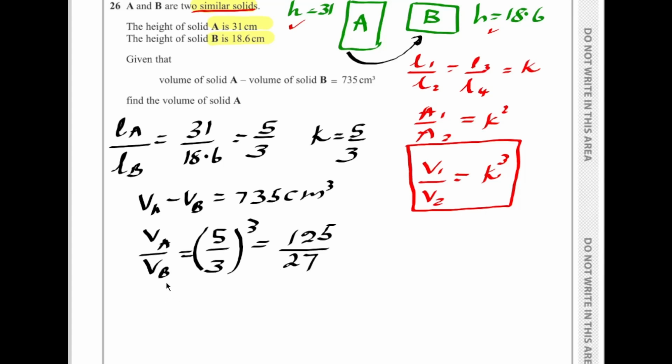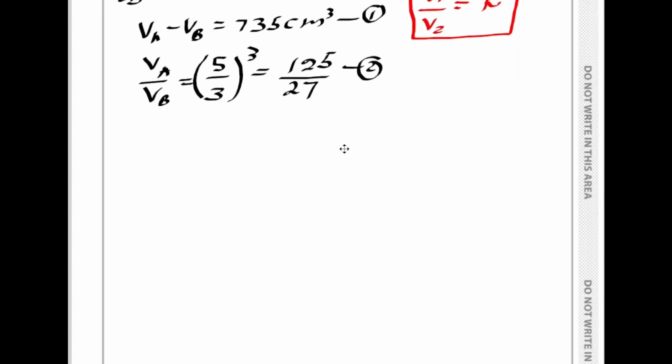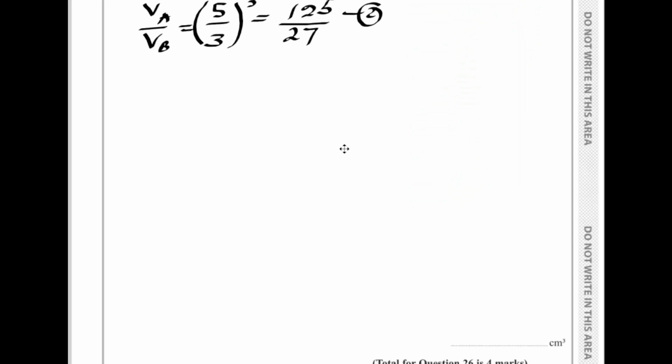So using this, now we need to get the volume of solid A. I want to get rid of volume B. This is kind of a simultaneous equation. This is equation 1, this is equation 2.